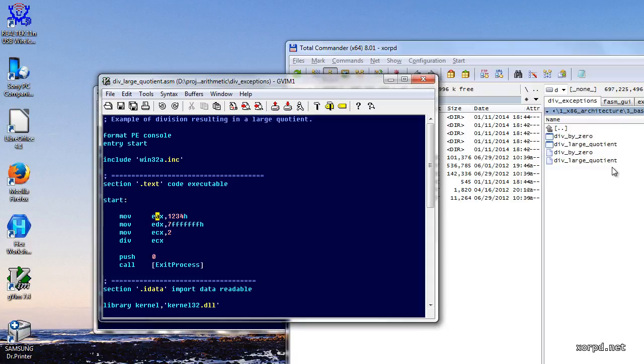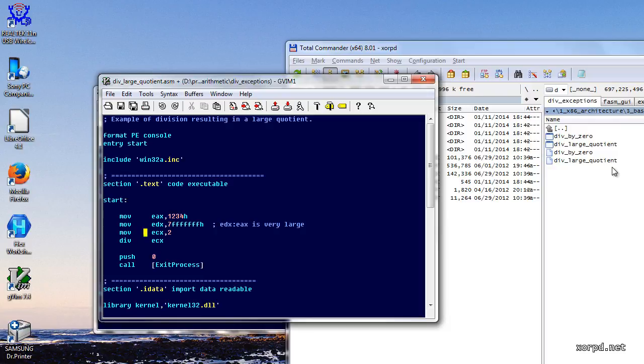Here we put a very large number inside EDX, EAX. EDX begins with this very large number and we put some arbitrary number inside EAX. The important part is that EDX, EAX is very large. Now we move 2 into ECX and then eventually we divide EDX, EAX by ECX.